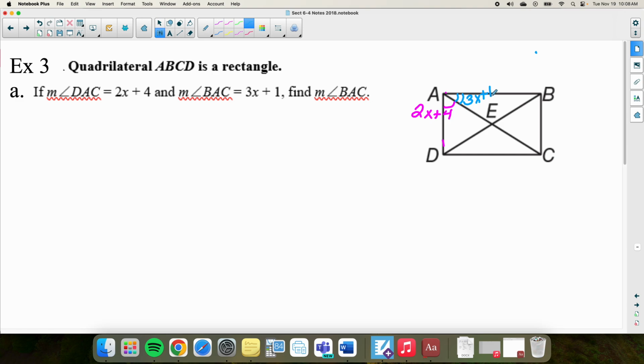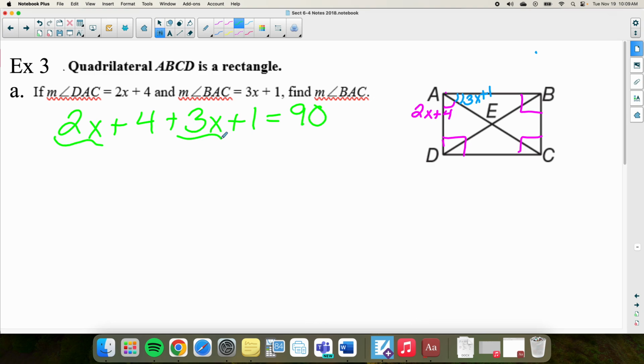They equal 90. Remember, in a rectangle, all 4 angles are right angles. So if you know those two pieces, you're just going to say 2x plus 4 plus 3x plus 1 equals 90. 2x plus 3x is 5x. 4 plus 1 is 5, and that equals 90.